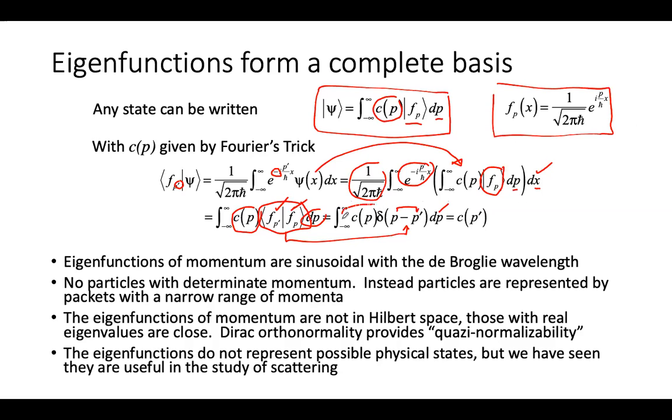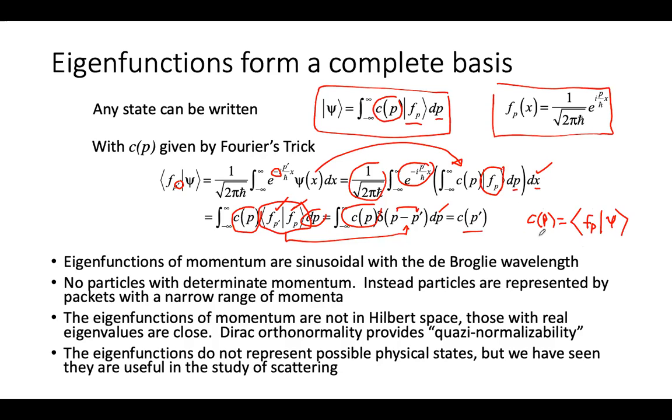And so that means I just take the integrand and substitute p for p prime. And so when I'm writing this inner product here, it gives me the Fourier-like coefficient as the result. And once you've got a result like this, you can say that c without the prime is just equal to the inner product of f sub p, again dropping the prime here, with whatever the wave function is that you're trying to create. And so that's how you get these functions.